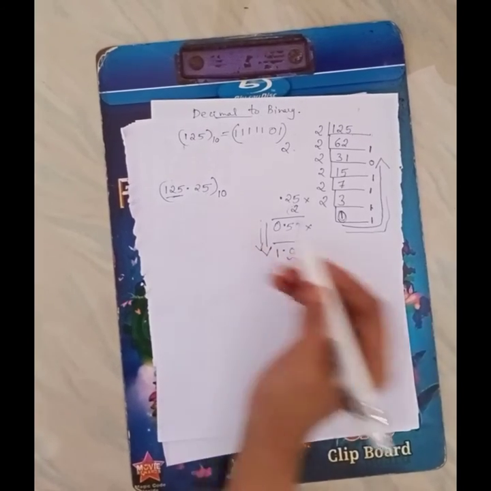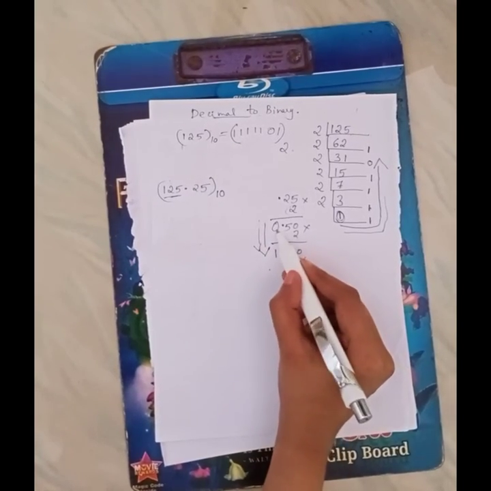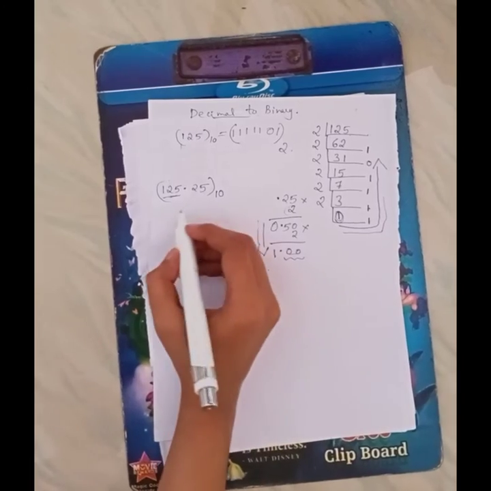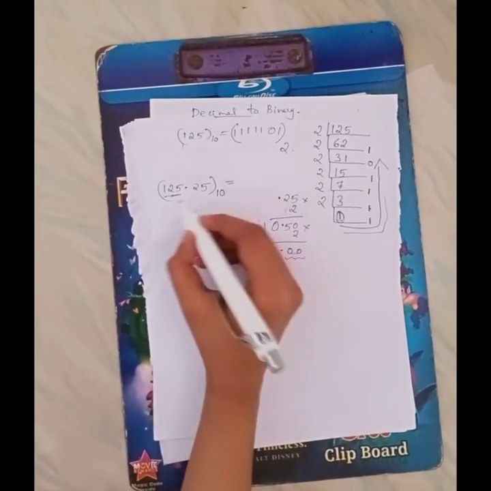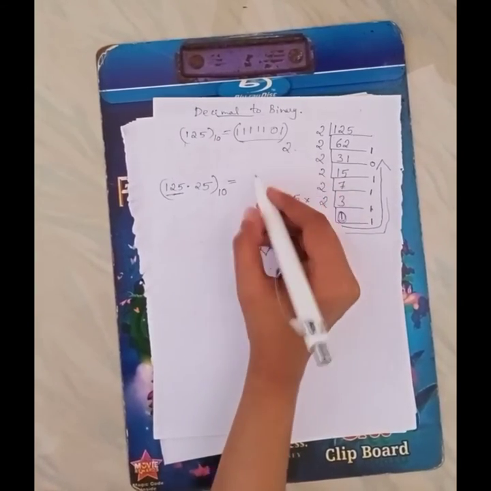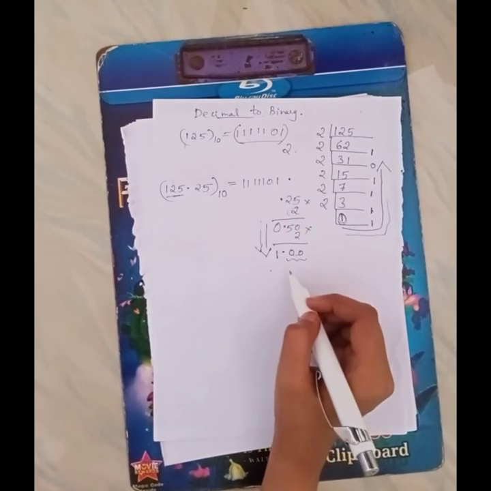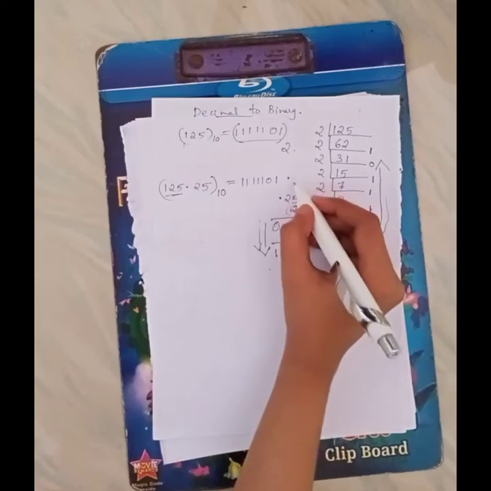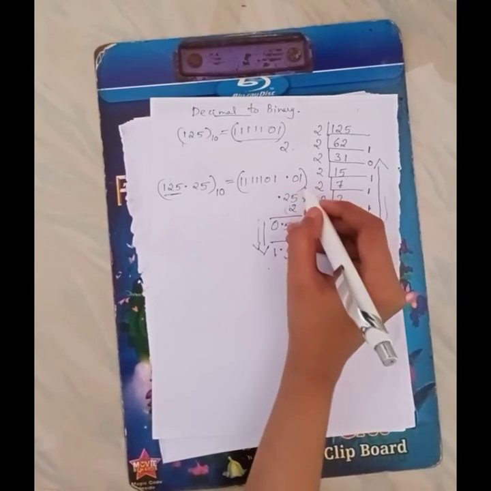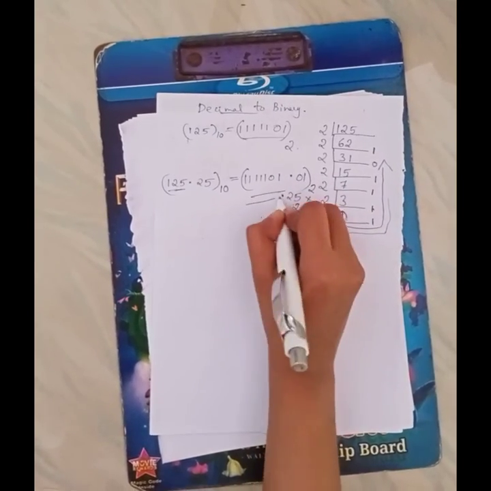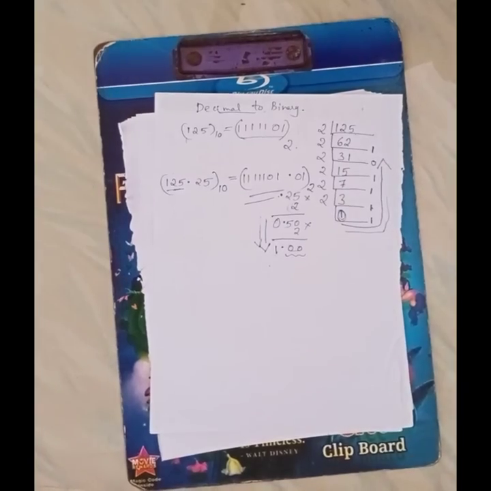So for 0.25, the binary number is 0 1. That is 125, it's this number. And for 0.25, it's 0 1. So this is the binary for 125.25.